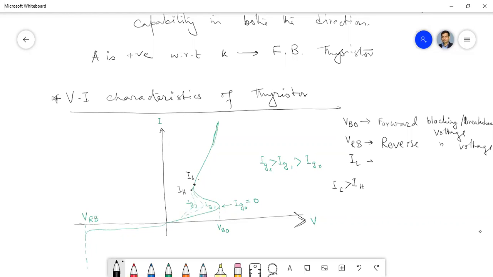IL is the latching current, and IH is the holding current. I will discuss this IL and IH in more detail later. You just remember these terms, because these terms are very important for thyristor.